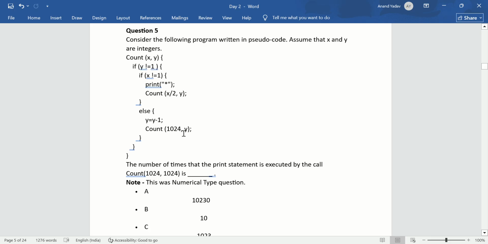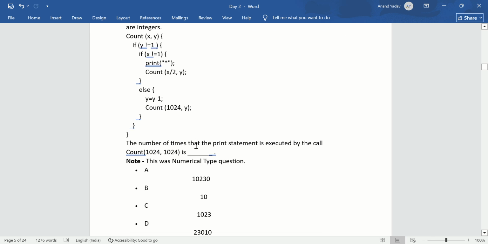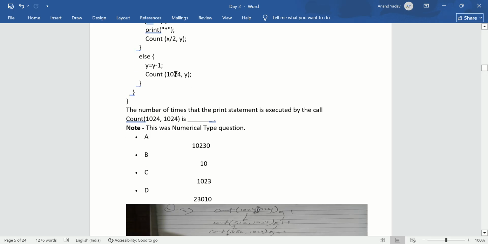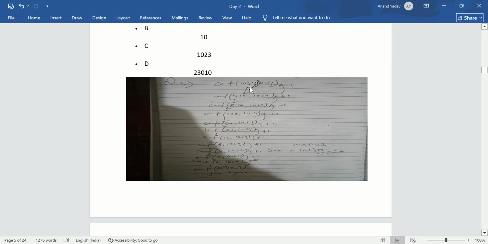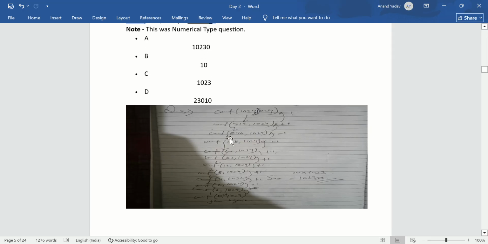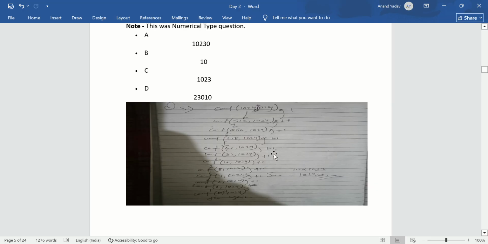Then the next iteration goes for count 1024 and y equal to 1023. So it will perform 10 times for 1024, 512 and 256. It will perform 10 times.